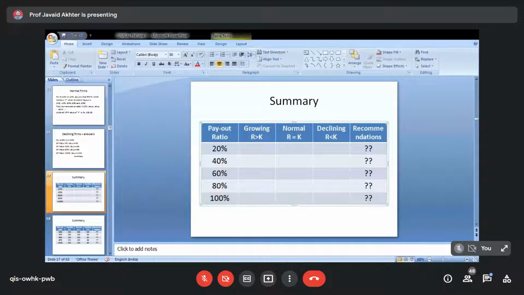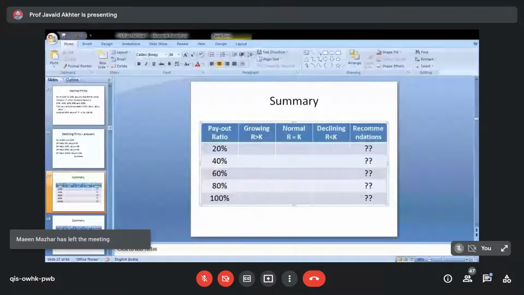Your tables are ready? Once the table is ready, take a photograph of this table and once again post me.